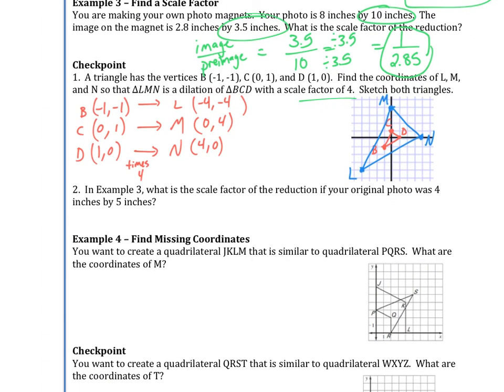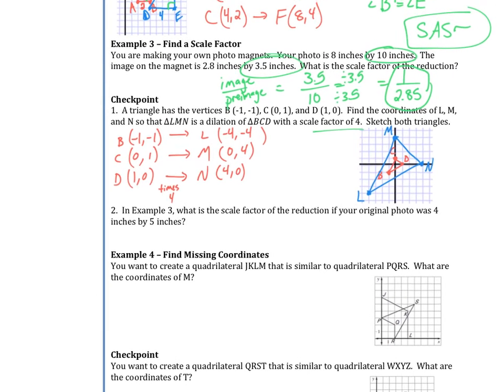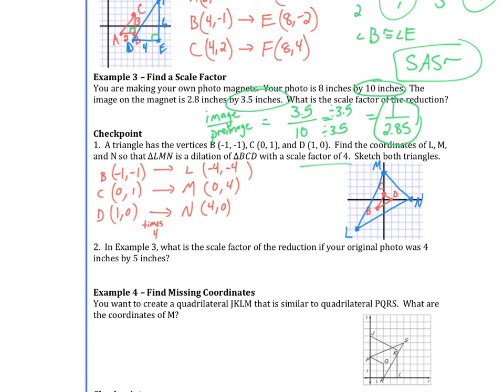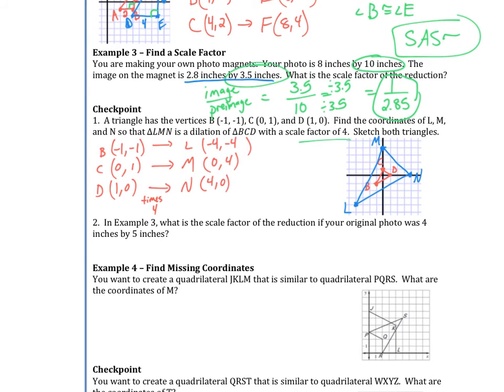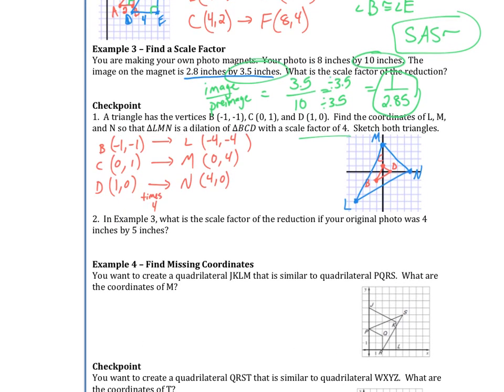In example 3, what is the scale factor of reduction if your original photo was 4 inches by 5 inches? So if the original photo was 4 by 5, and remember the new one was 2.5 by 3.5, again we would set up a fraction: the bigger number from the new image is 3.5, and the bigger number from our original photo was 5.